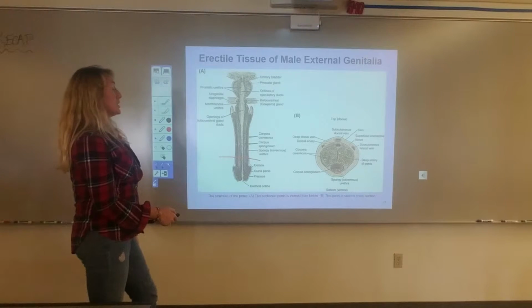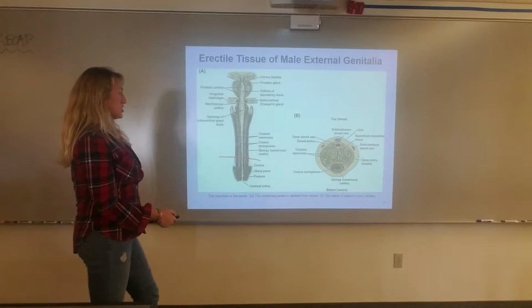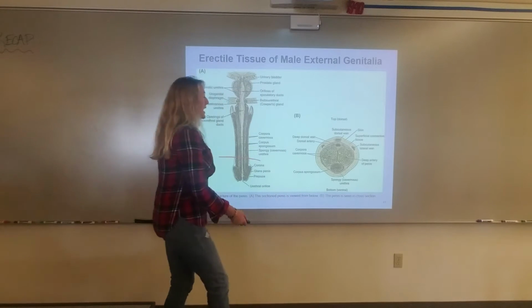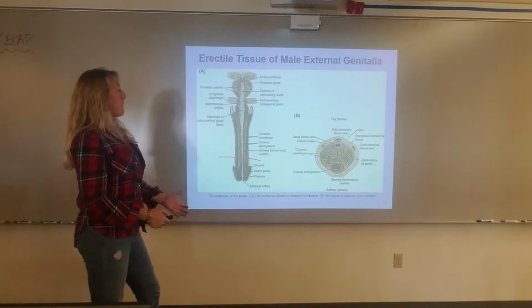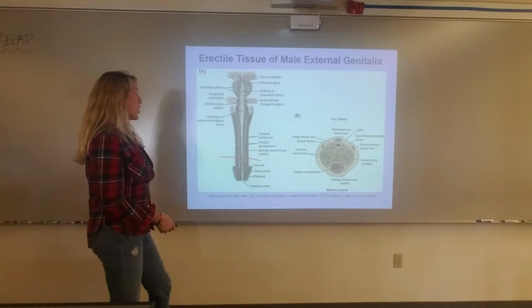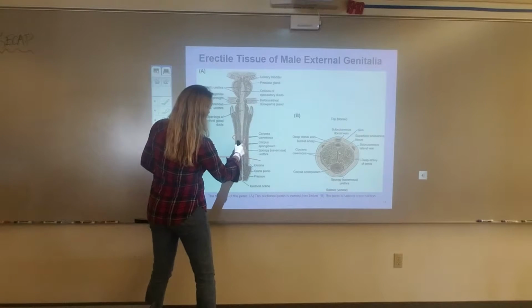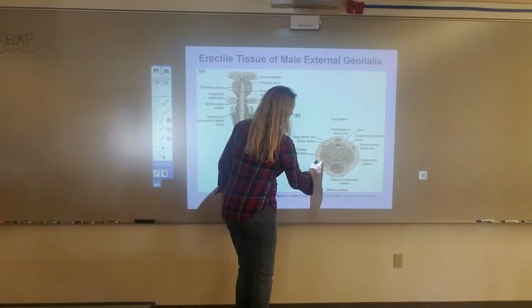We have the spongy urethra that's surrounded by spongy tissue called the corpus spongiosum. It's just spongy tissue surrounding the urethra. And then you have two big bodies called corpora cavernosa. We can see them here on either side.